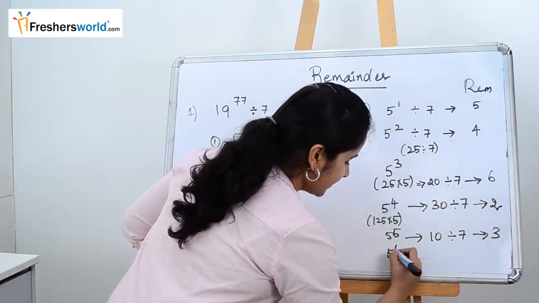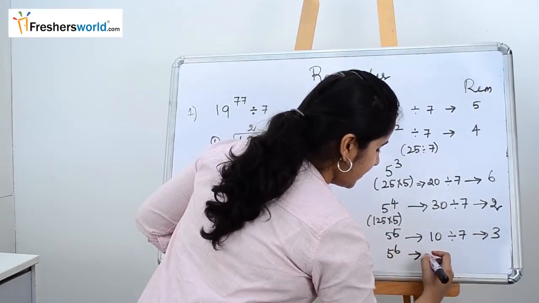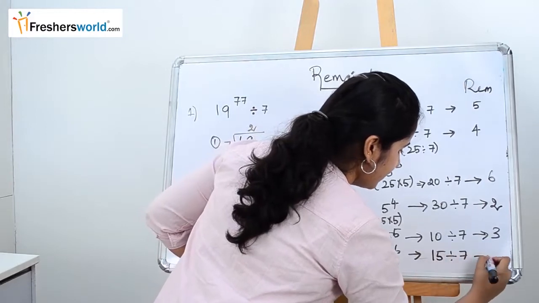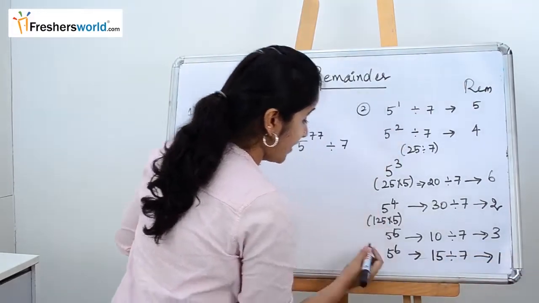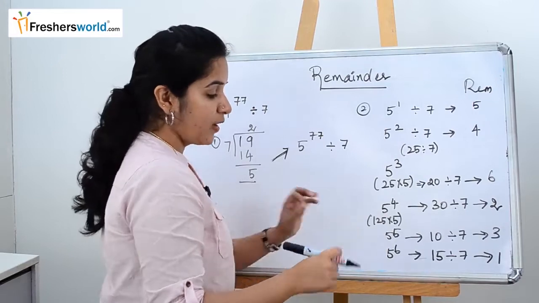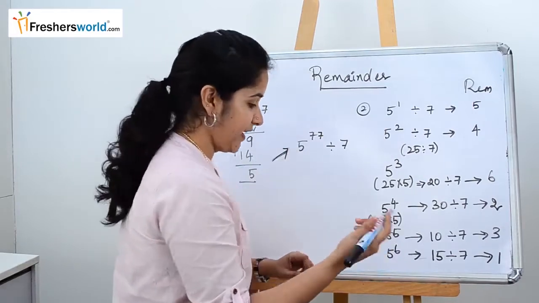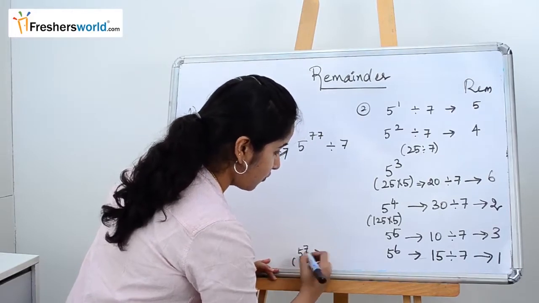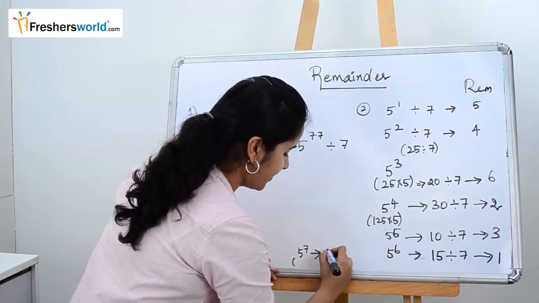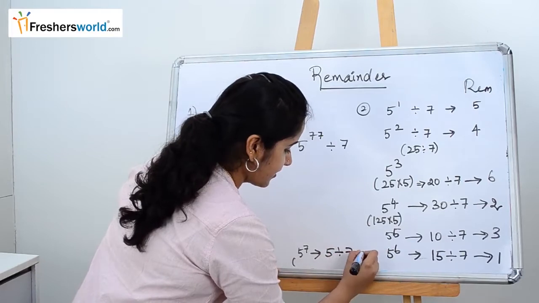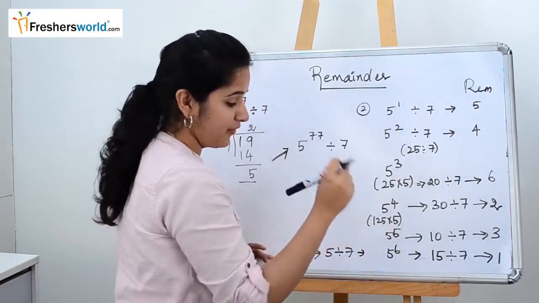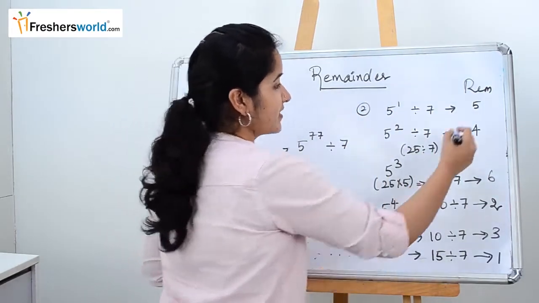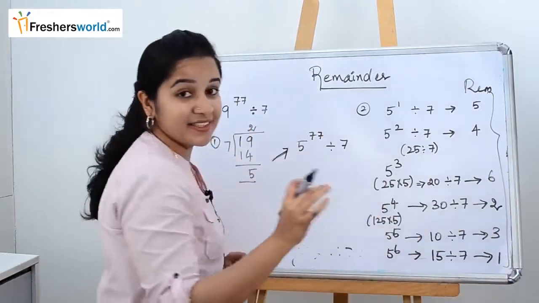And for 5 power 6, it is 15. 15 divided by 7 is 1. So when it goes to 5 power 7, we multiply by 5. We have the remainder 1, so 1 into 5 is 5. It's going to be the same as the first one. So now we understand the cycle repeats every 6 times here.